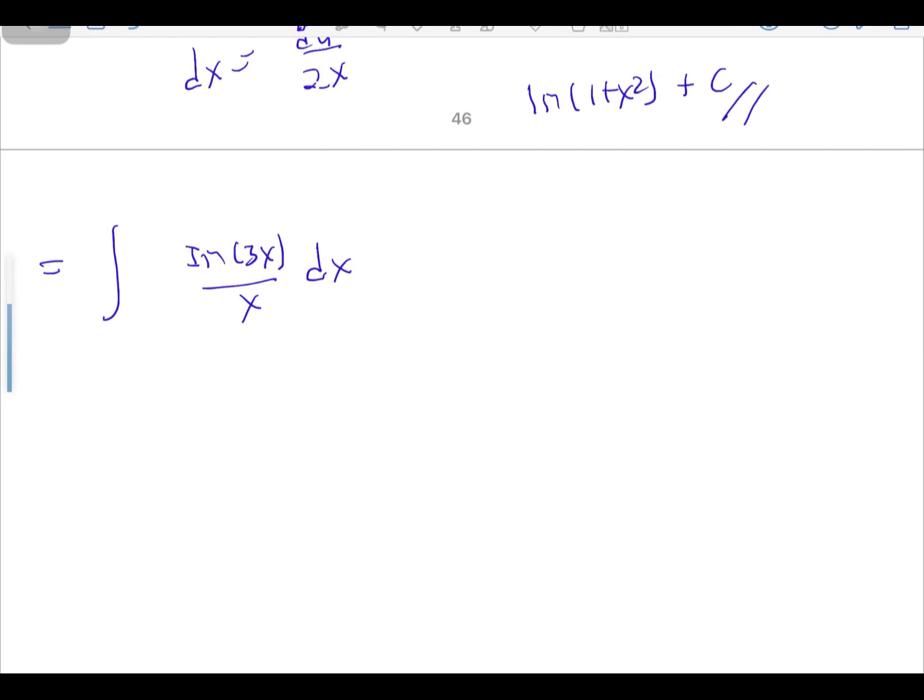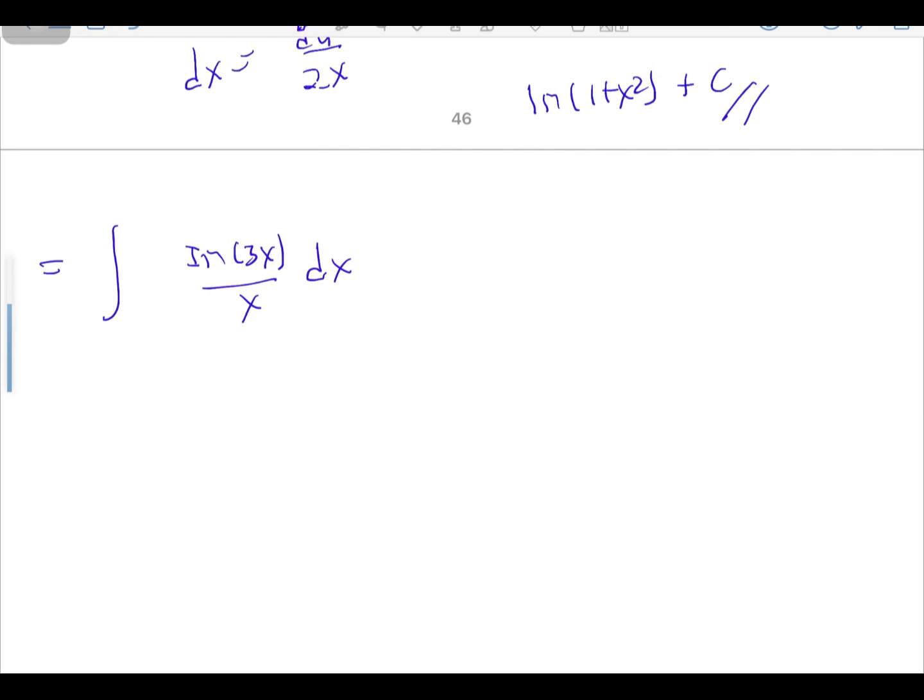Now let's see something here. When we make u equal to x, which is this one, we are going to get ln of 3x over u, because we are replacing x by u. And therefore, when we find the differential of u, we are going to get 1. And how is it going to simplify our question? That means that we are going to go back and then come forward, right?